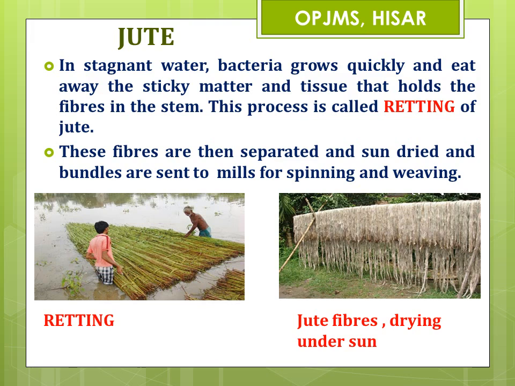This process is known as retting. When the stem becomes rotten, the fibers are easily separated by hand. These fibers are then washed and dried in the sun, tied in bundles and sent to the mills where they are spun and woven into textiles.